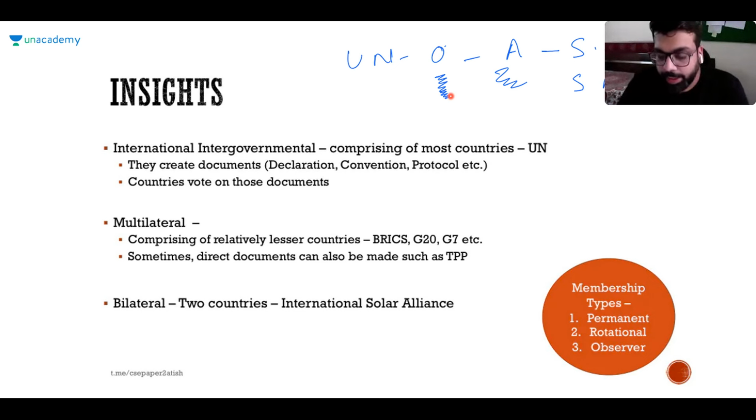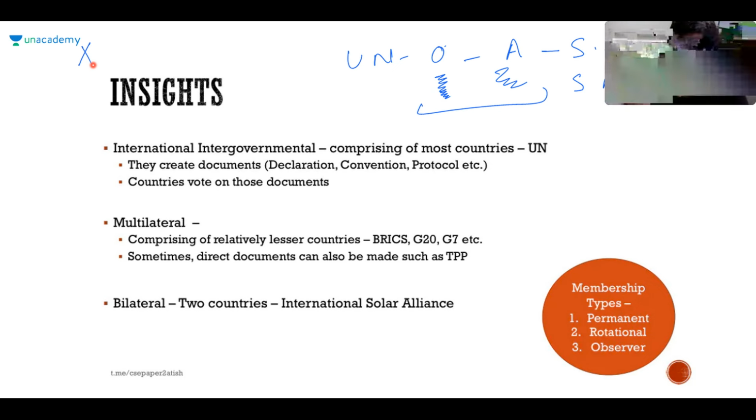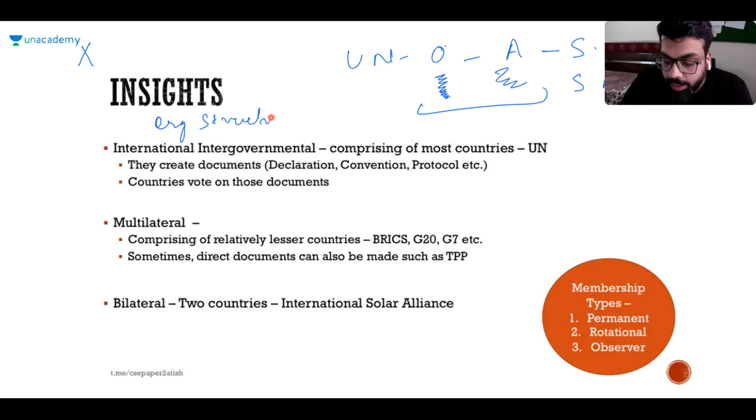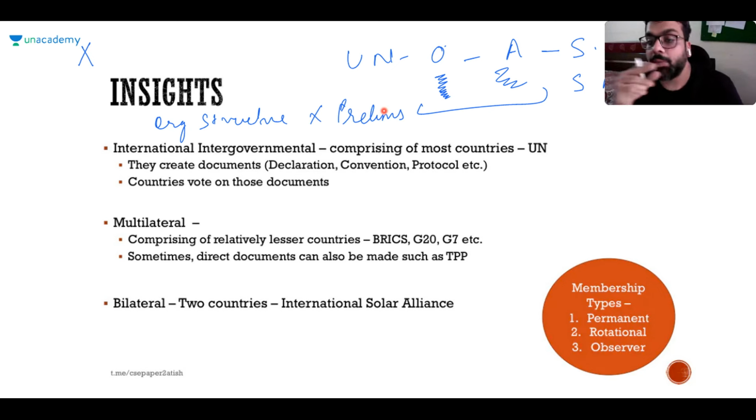So for the purposes of this exam, you don't have to do the organizational structure of the UN, which basically means it cannot be asked in the prelims, because one organization might be accountable to more than one body in the UN itself. So you don't have to worry about the same.